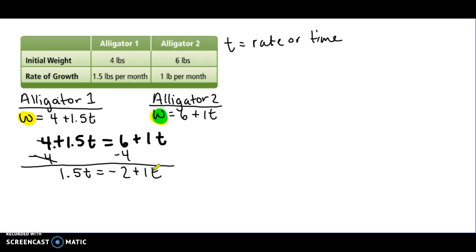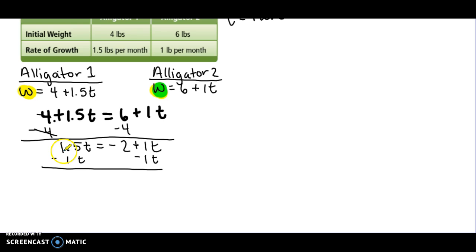The next step would be to subtract 1t on both sides, because I ultimately want to have the value of the variable on the left side and the whole numbers on the other.